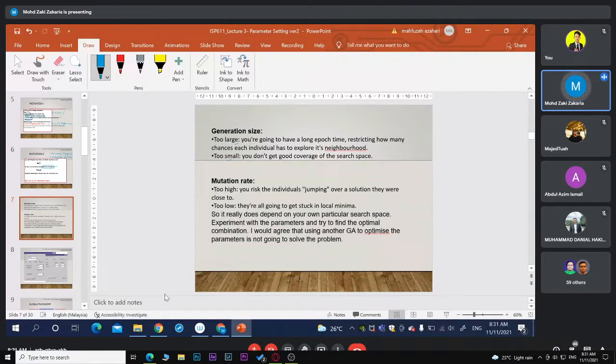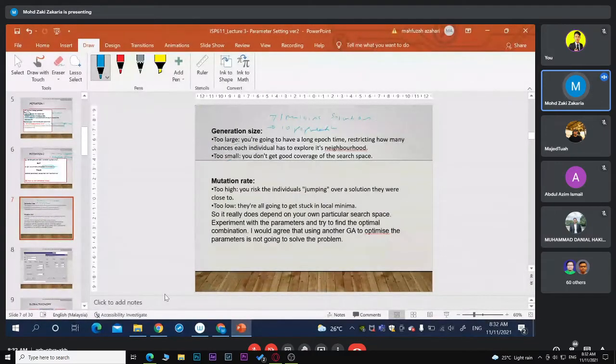And it restricts how many chances each individual has to explore its neighborhood. But if the population is too small, you don't get good coverage of the search space. For example, you have more than 1 million solutions, but you set the population to maybe only 10.